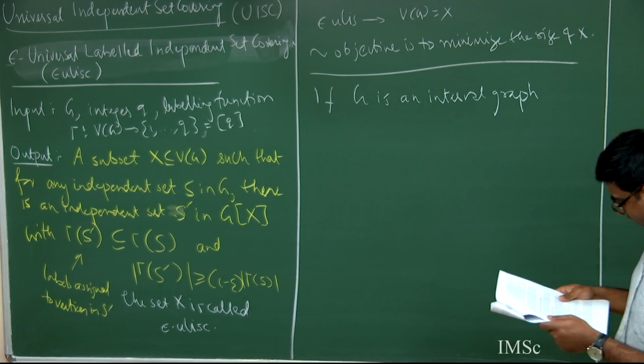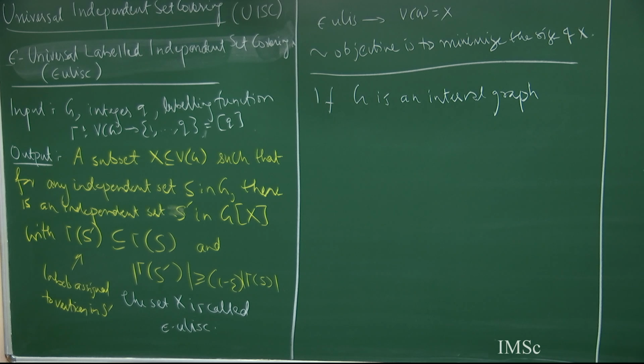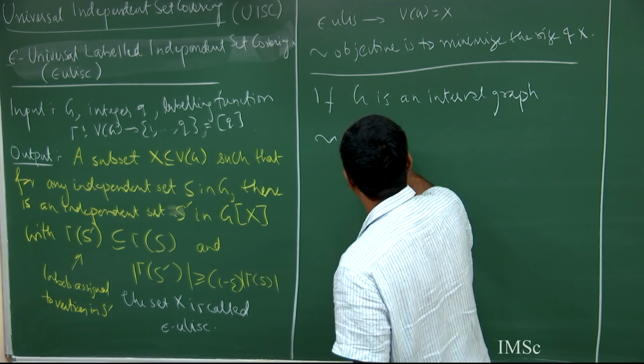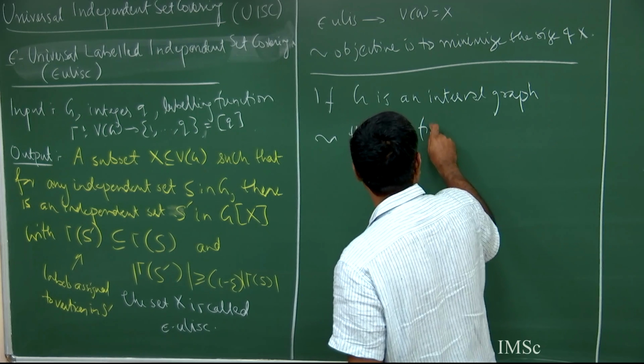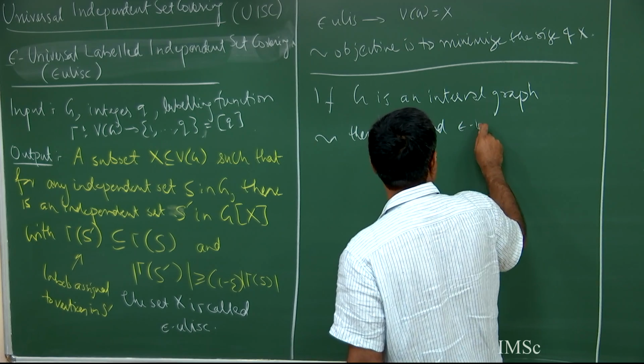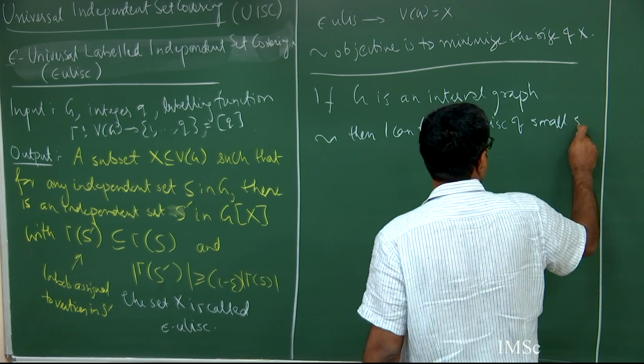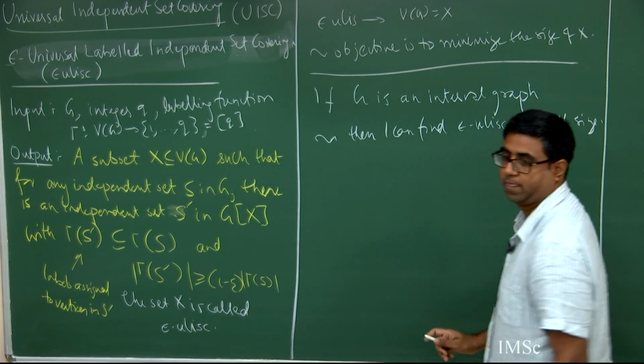If G is an interval graph, then I can find an epsilon Eulisk of small size. That's my goal.